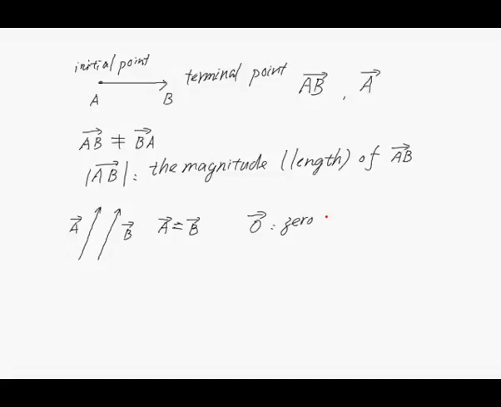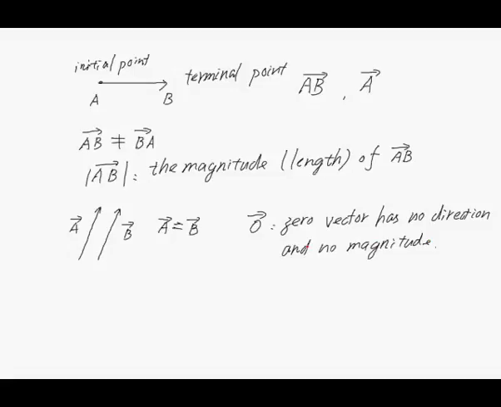This vector is kind of special because it has no direction and no magnitude.